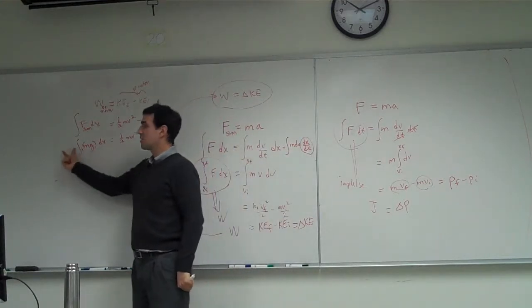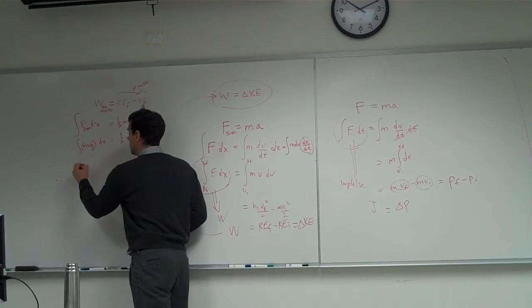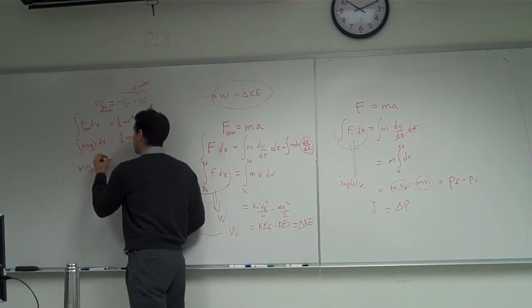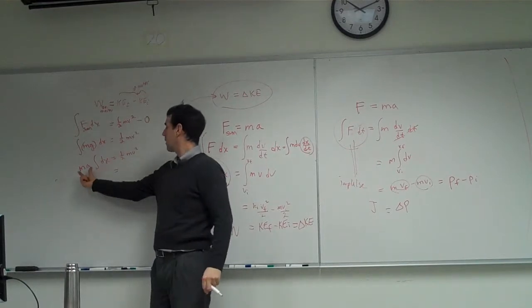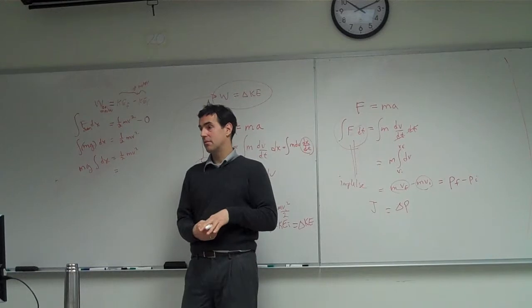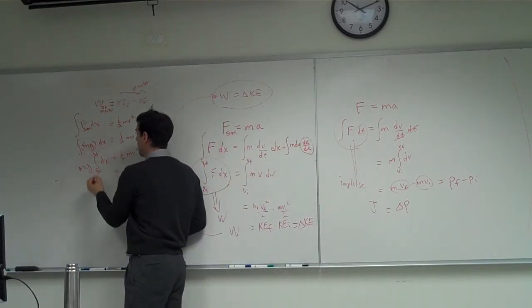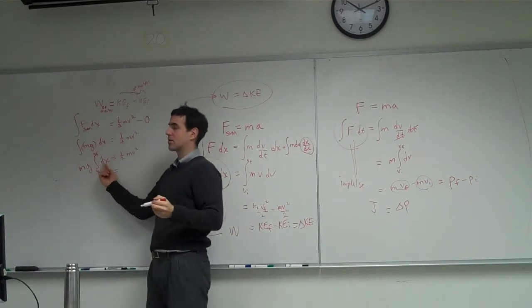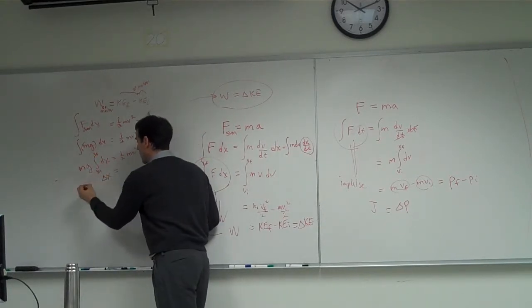mg is a constant, so the mg comes outside the integral. So mg times the integral of dx is 1/2 mv squared, and the integral of dx is the change in position. So if I'm going from x initial to x final, the integral of dx is x, and I put in the x final minus x initial, which gives me delta x.